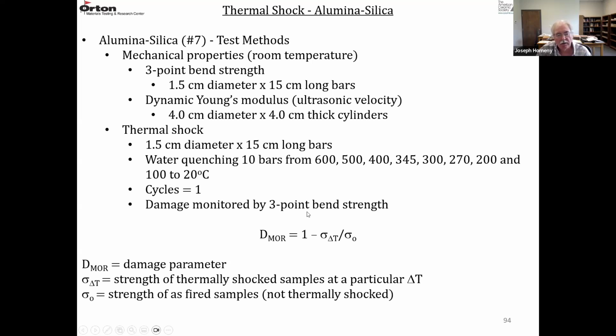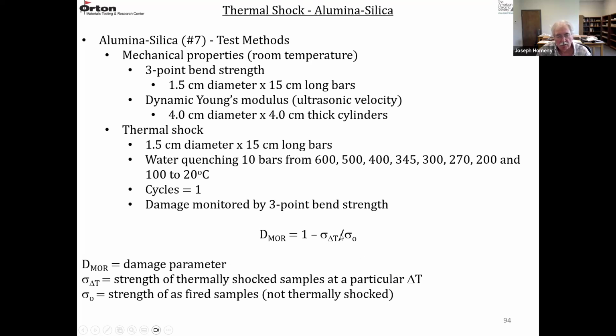And they monitored the damage with a 3-point bend bar. And the damage parameter, DMOR, just equals 1 minus sigma delta T divided by sigma 0. So sigma 0 is the strength of the fired samples that were not thermally shocked. So that's the initial strength. And then sigma delta T was the strength of the samples after they were thermally shocked at one of these delta T's.